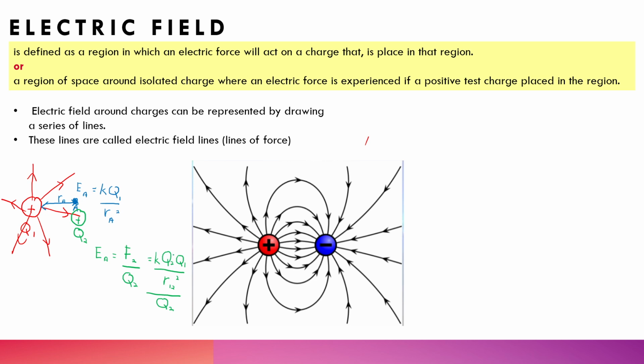So now you can see when we cancel out this Q2, so let's say this is the bracket, finally the equation of the electric field strength at point A is equal to K Q1 over R squared, where R12 is the distance from this charge to this charge and it's RA.